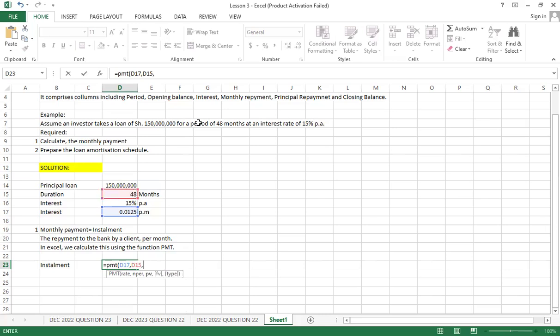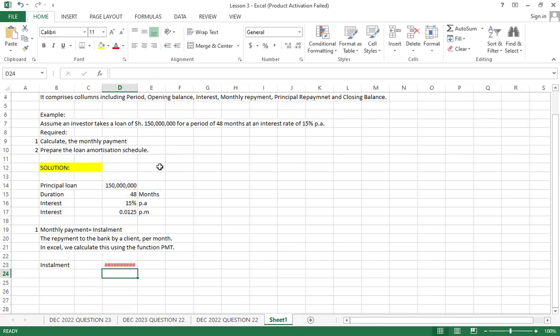Lastly, we then have this principal, what? Loan. So lastly, we have that principal loan. I close the bracket, and then you can press enter.